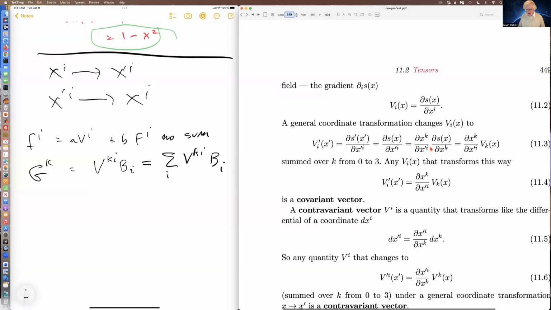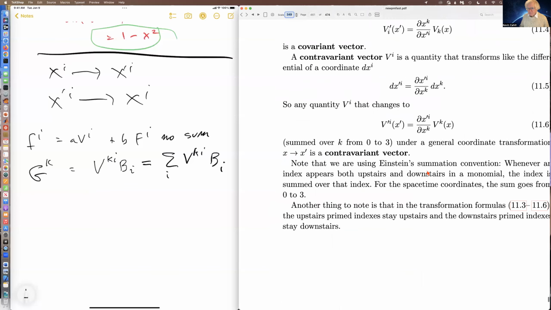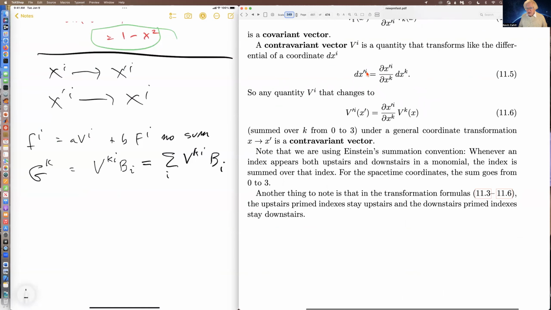The k is unprimed, and we sum over it, so once again it's upstairs, upstairs, upstairs.